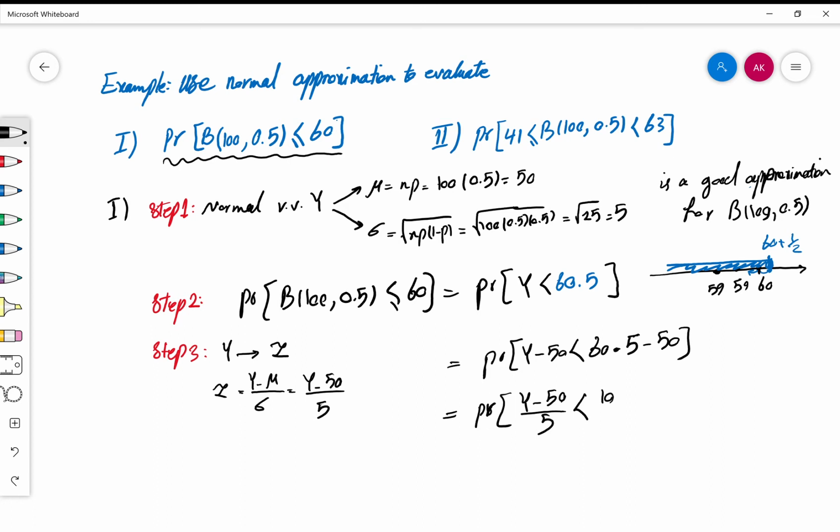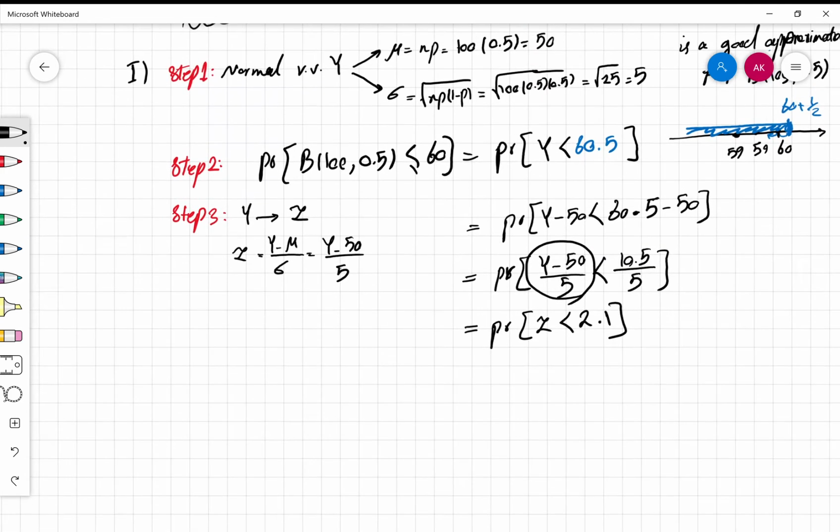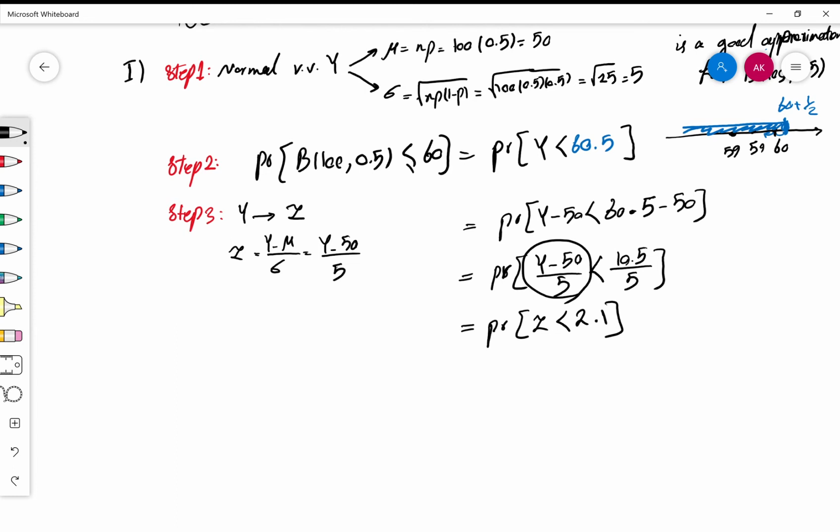This is 10.5 over 5, and you see that Y minus 50 over 5 is Z. And then this is 2.1.